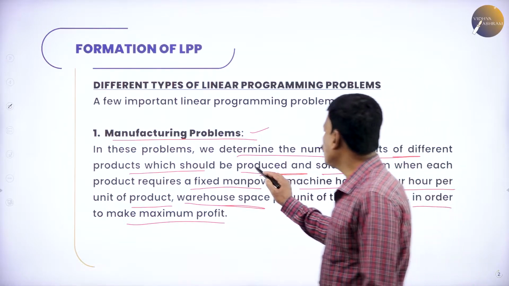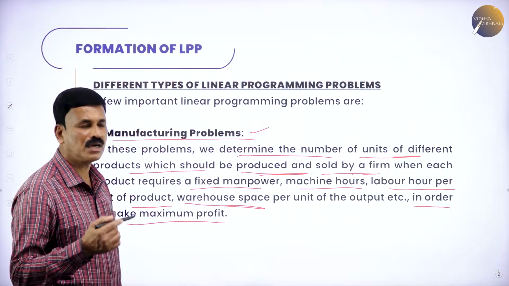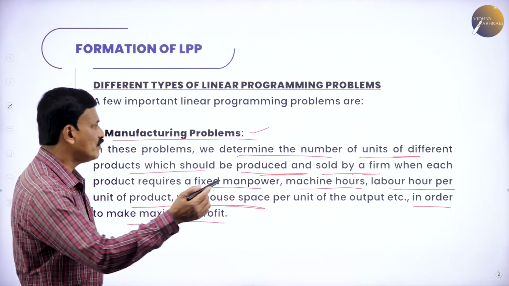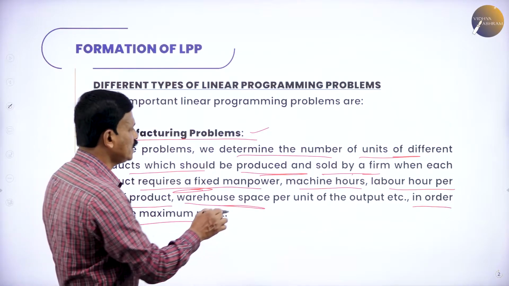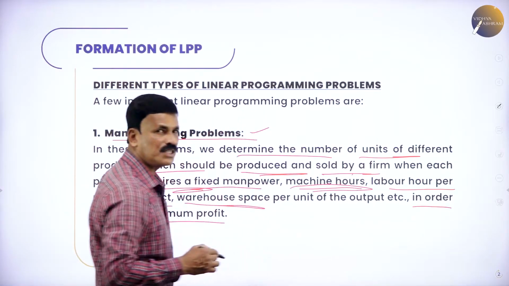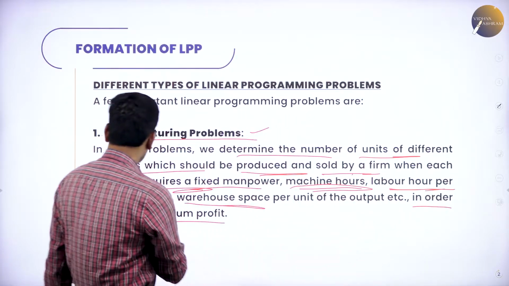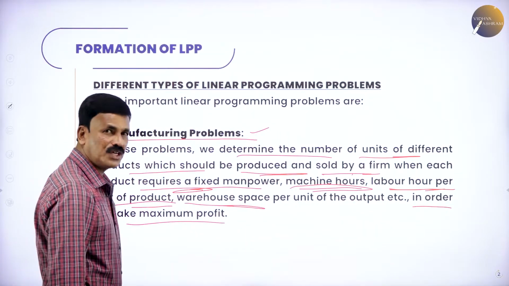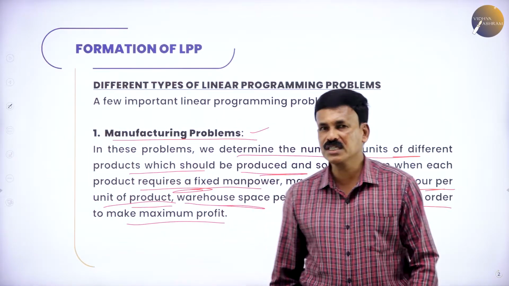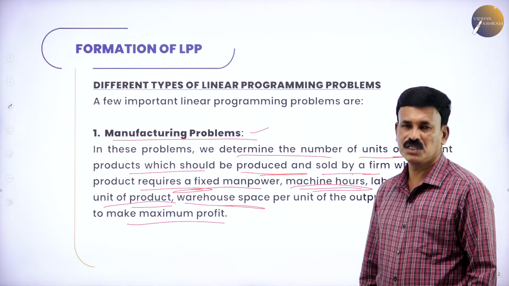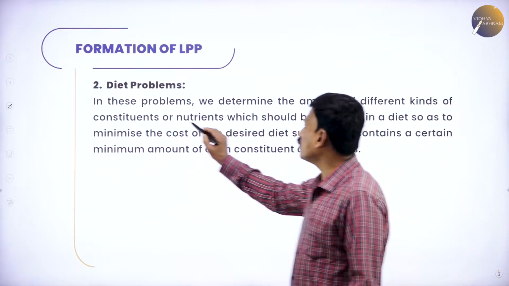In these problems, we determine the number of units of different products which should be produced and sold by a firm when each product requires fixed manpower, machine hours, and labor hours per unit of the product and warehouse space per unit of output, in order to get the maximum profit.